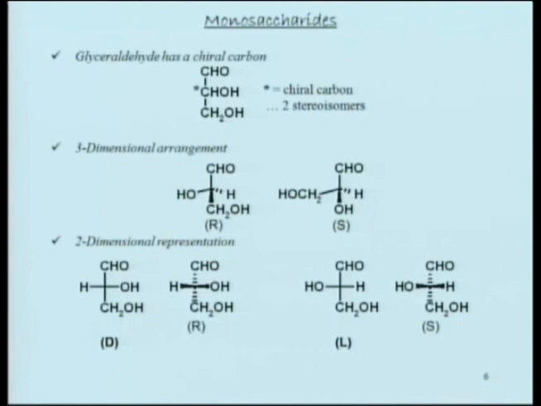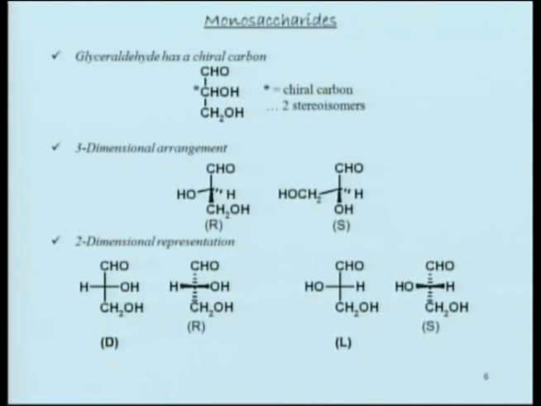And for ketoses, you have the keto group at the top, CHO at the top. And then you can have OH on the right-hand side, just as here, or OH on the left-hand side. Because these two positions are fixed, the two stereoisomers would only be a swap of H and OH. Yeah? So this is how typically we write.